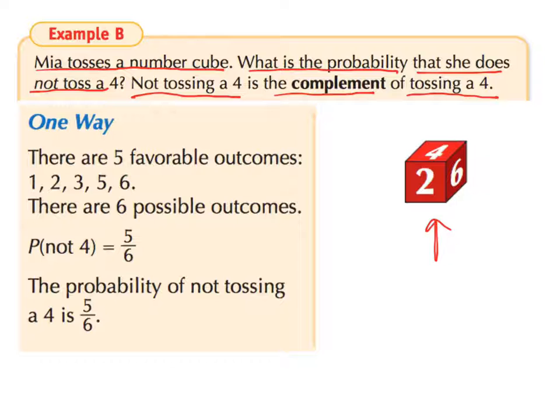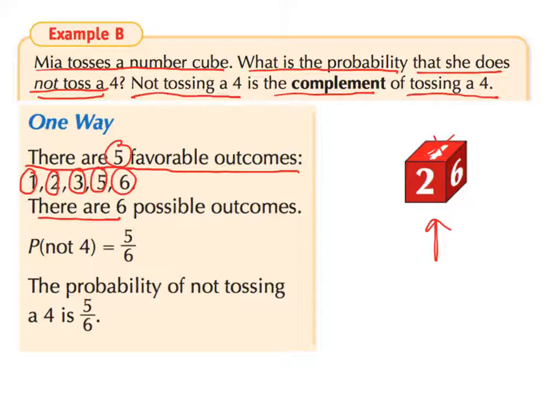Let's look at this. There are two ways of doing it. Without the 4, what are the possible numbers which can land up? That is what we are looking for, not tossing a 4. So the cube can land on 1, 2, 3, 5, or 6. So there are 5 favorable outcomes, not tossing a 4.